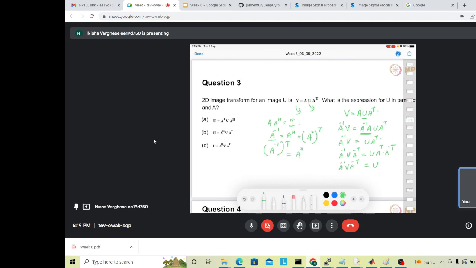So after substituting, A inverse is A Hermitian, and A inverse transpose is A star, so U equals A Hermitian V A star. So this is the answer. Answer is B. Okay.